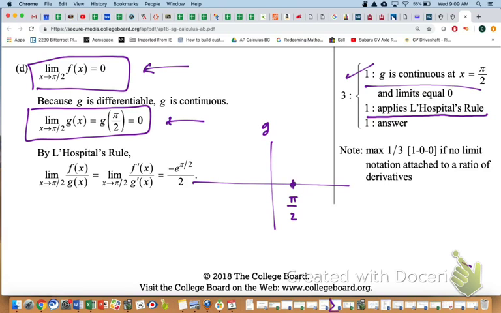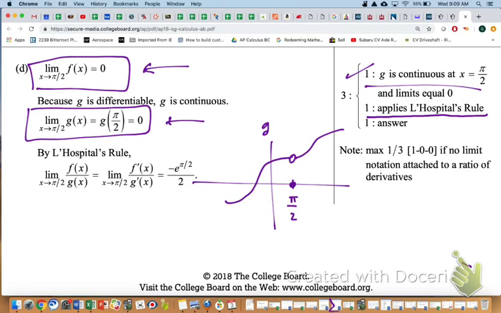But unless we're told that g is differentiable like we were, or g is continuous, we don't know what the behavior is, right? So very easily the behavior could be like this. And if that were the case, then while g of pi over 2 is 0, the limit as x approaches pi over 2 of g would not be 0.